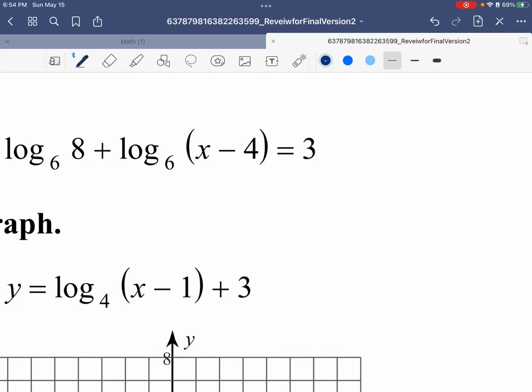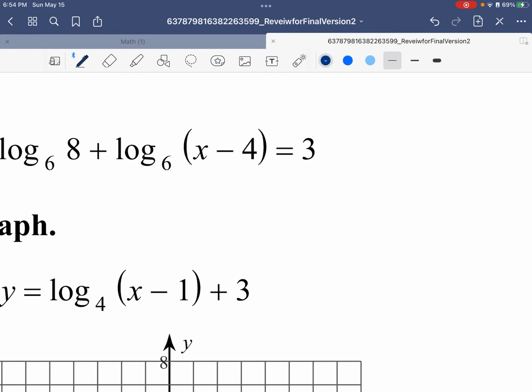Okay, next we have this one, and we have log base 6 here. So what we can do is condense.